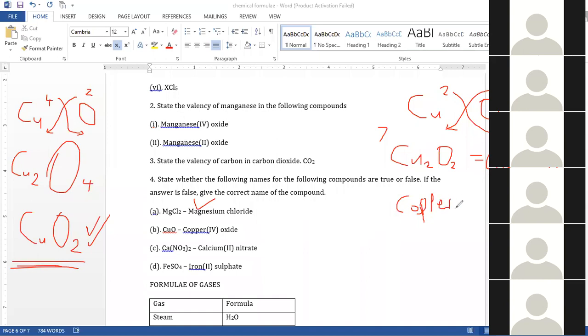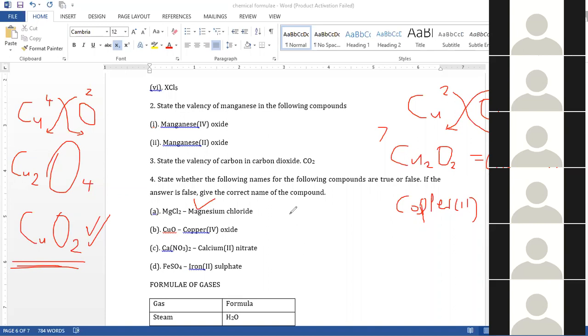So copper 2 oxide. Then we said that it is true that if you check our table after this lesson, all of you can move to our tables. For radicals, copper has only 2 radicals. Copper can have a valency of 1 or a valency of 2.